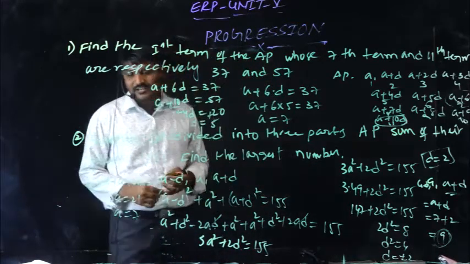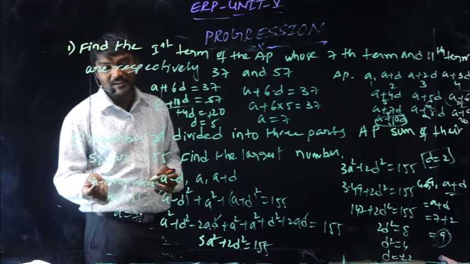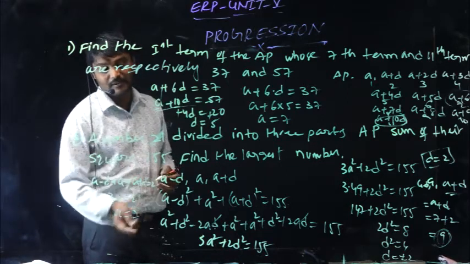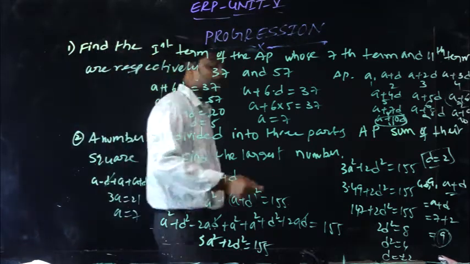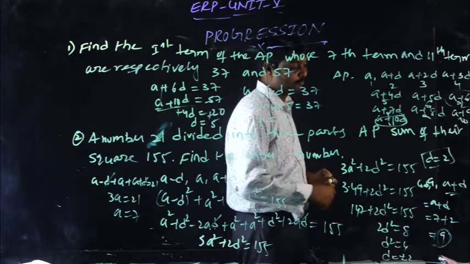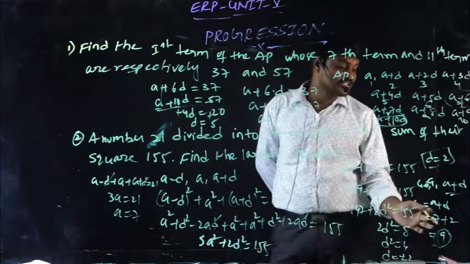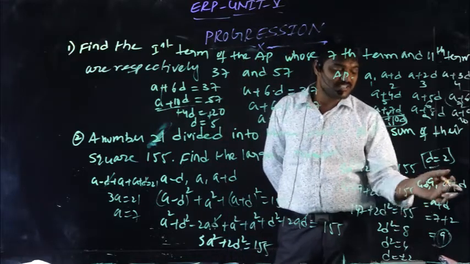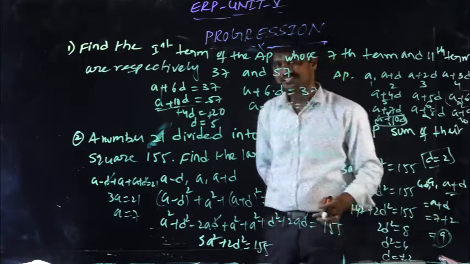But it is given that the sum of the 3 parts is 21. So 3a equal to 21, a equal to 7. So d equal to plus or minus 2, but you can take d equal to 2. So that's why the larger number is a plus d. So a equal to 7, d equal to 2. So larger number is 9.